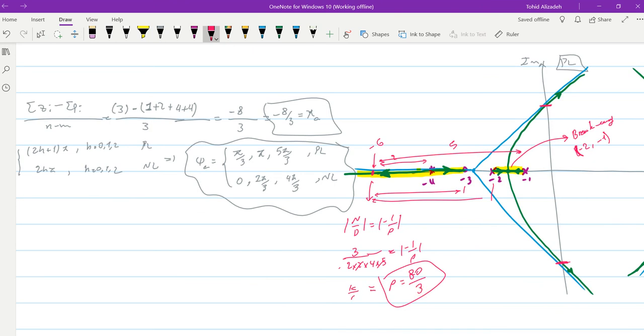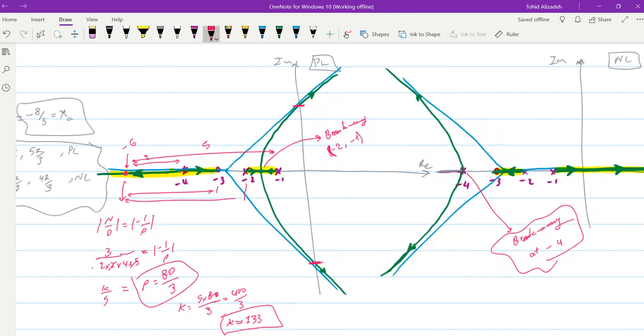This is equal to k over 5, and as a result k will be equal to 5 times 80 over 3, or 400 over 3. K will be almost equal to 133.